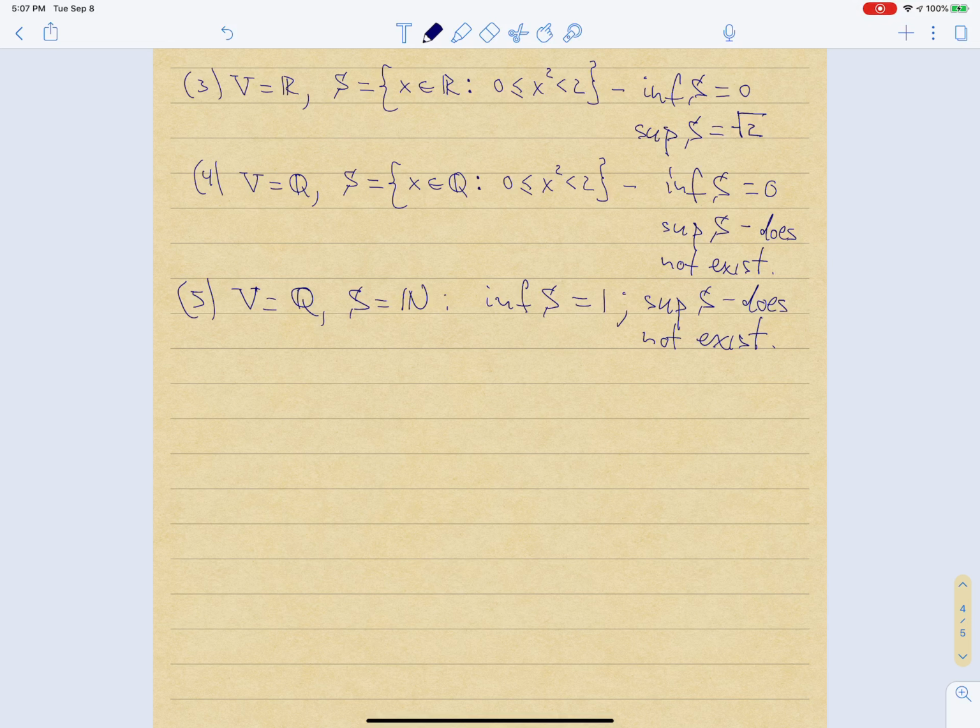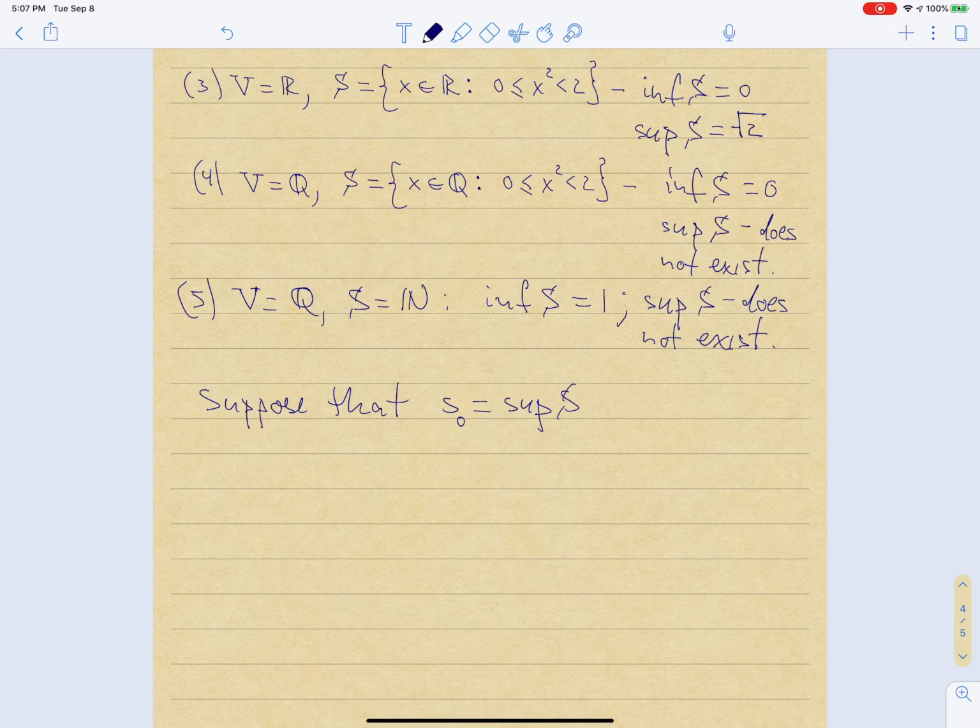Let's suppose that S0 is a supremum of capital S.